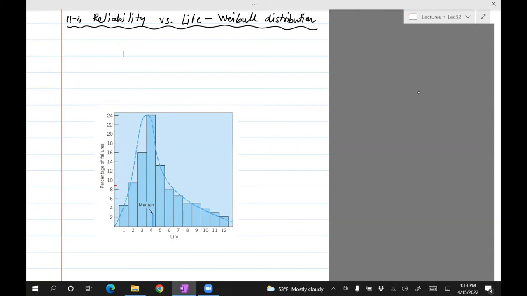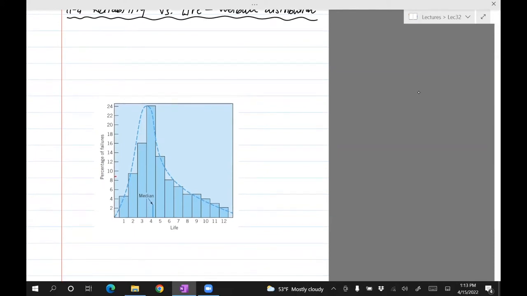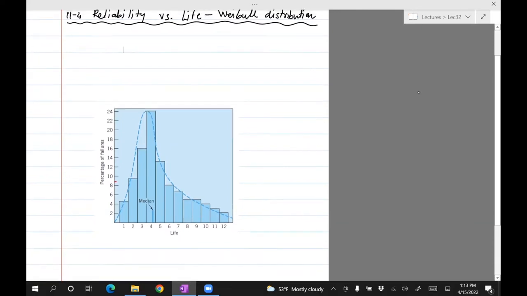In the case of failure of ball bearings, when people did these experiments, they found that failures follow what is known as a variable distribution. And what this figure shows is pretty much that. That is, when you study the failure and you make a plot based on experimental data, you'll see that there is a peak like this.